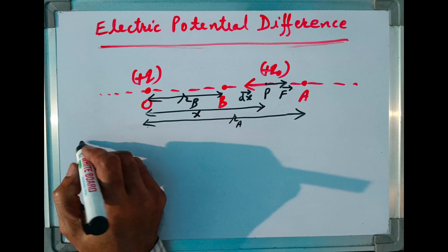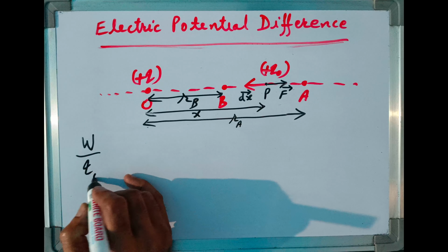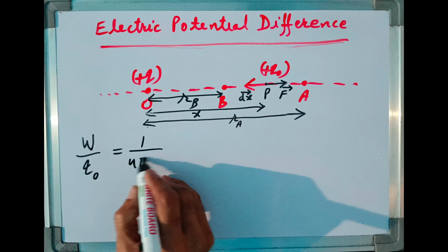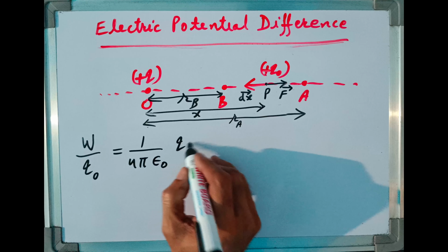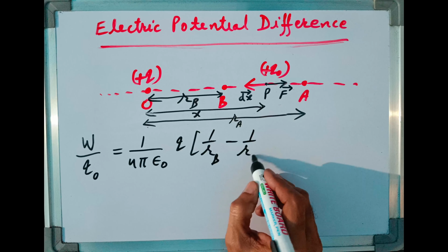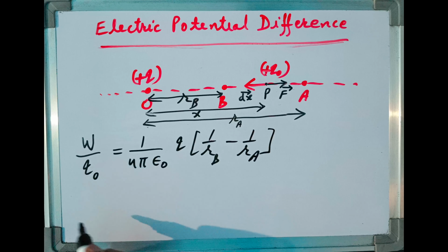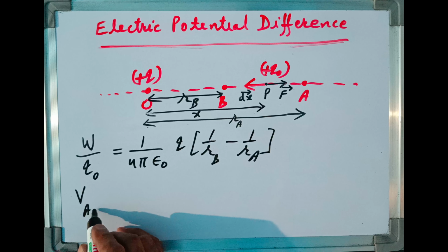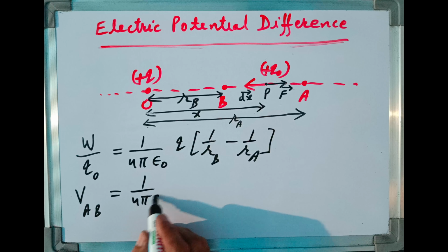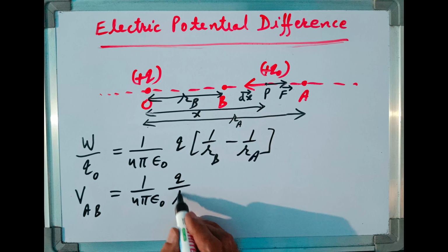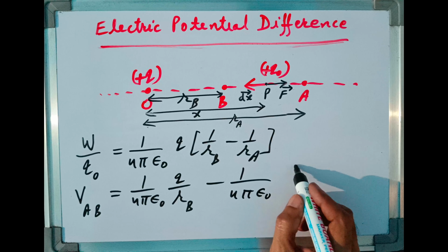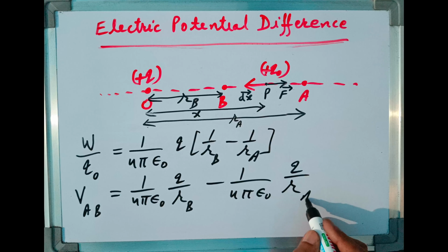So W upon Q naught is equal to 1 upon 4 pi epsilon naught Q, 1 upon RB minus 1 upon RA. Now W upon Q naught is nothing but potential difference between point A and B. So this can be written as 1 upon 4 pi epsilon naught Q upon RB minus 1 upon 4 pi epsilon naught Q upon RA.